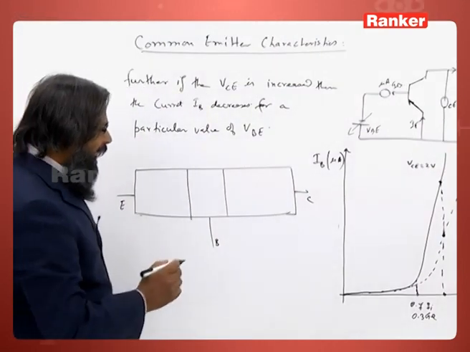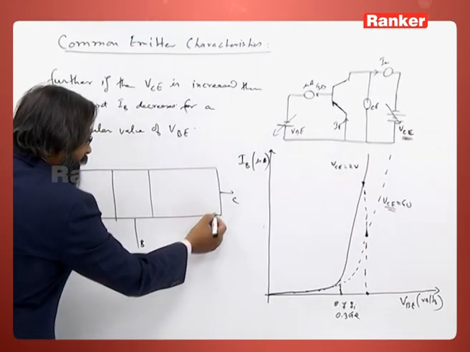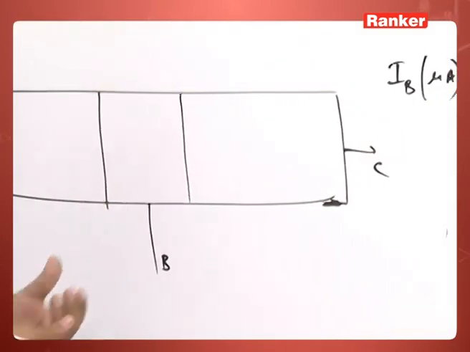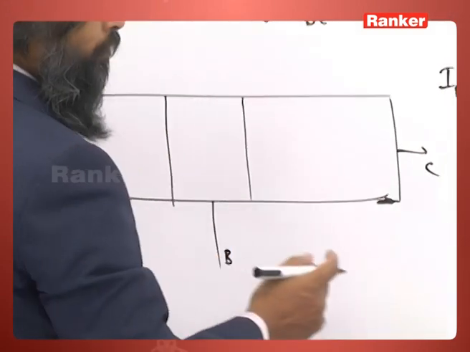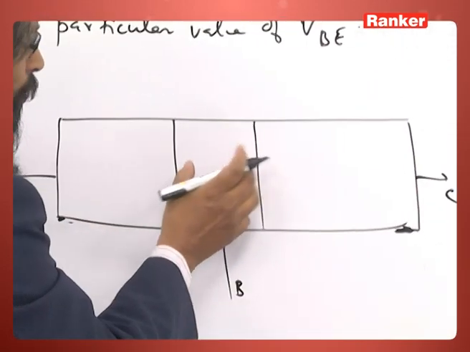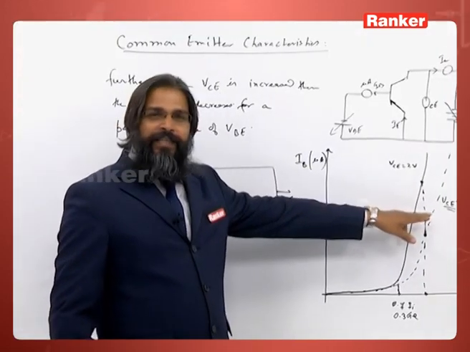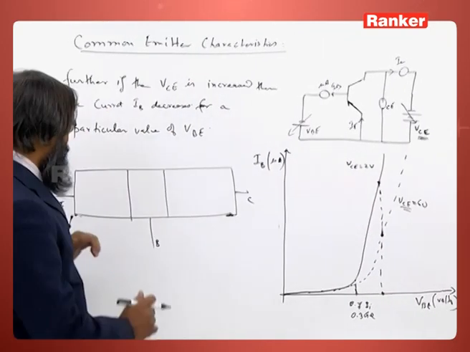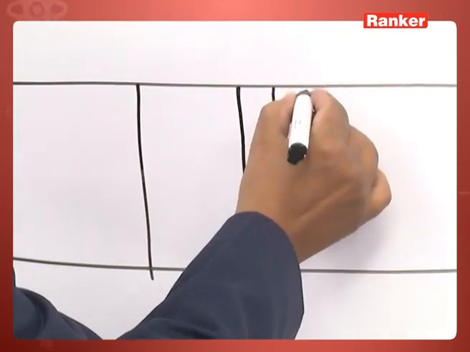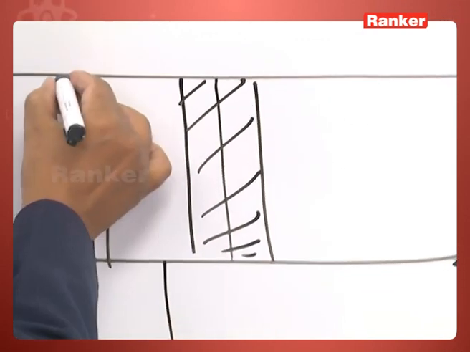Now, when I increase my VCE, the collector emitter voltage, we are pushing this more and more. You see, if I increase VCE from 2 to 6 volts, you see what happens? The depletion layer here is this one. This is the depletion layer at this junction, and this is the depletion layer at this one.